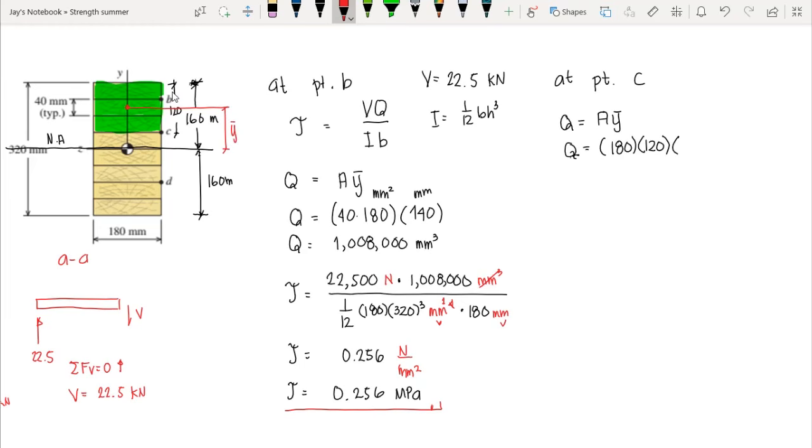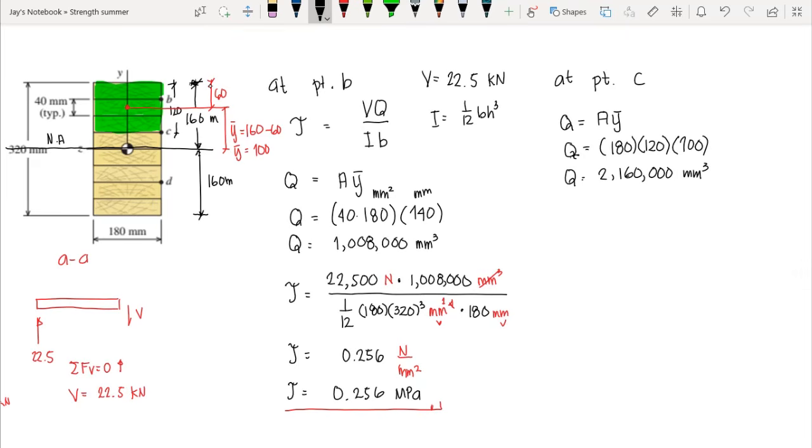So we have our barred Y, that is equal to 160, the entire height from the neutral axis, minus this height here, that is 1/2 of 120, that is 60, correct? So therefore we have 160 minus 60, our barred Y is equal to 100. So we have here times 100, and we have Q, that is equal to 2,160,000, that is in millimeter cube.